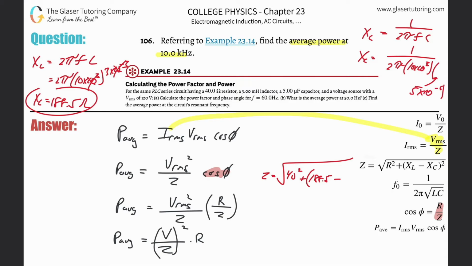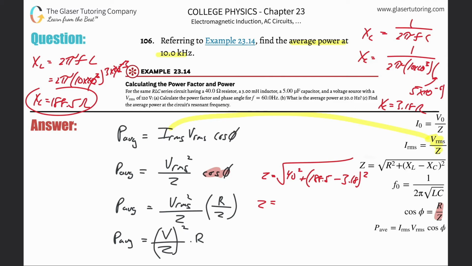So let's just do the work out. This is 1 divided by, in parentheses, 2 pi times 10 times 10 to the third times 5 times 10 to the minus 6. We get about 3.18, so X sub C is about 3.18 ohms. We plug that in, take the difference, and square it.